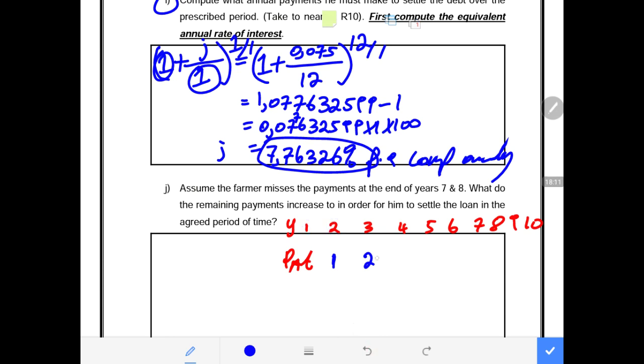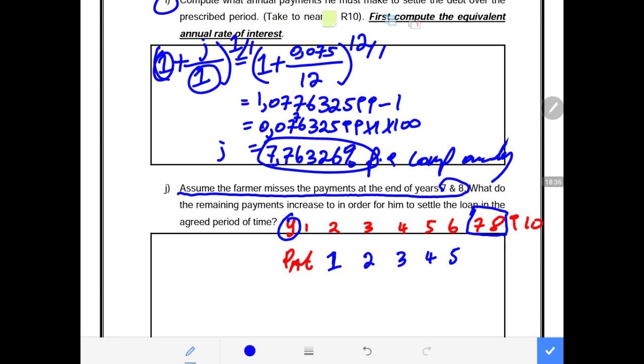So that means that will be the first PMT, second PMT in year 3, third PMT, fourth PMT, fifth PMT. Now it says assume the farmer misses the payments at the end of year 7, and there is year 7 and year 8. That's where the payments were missed.